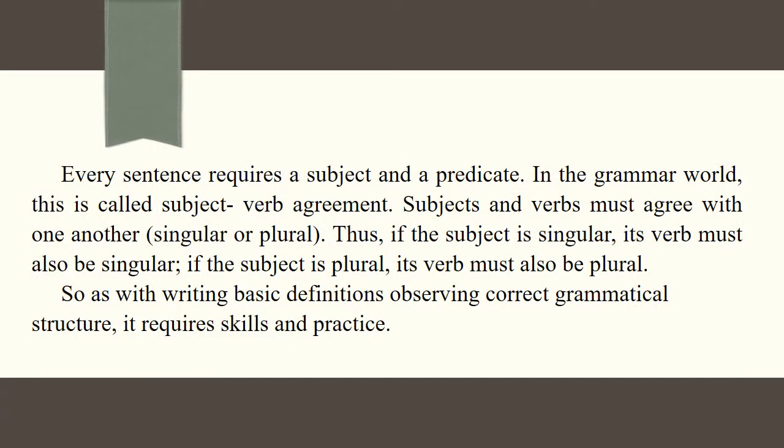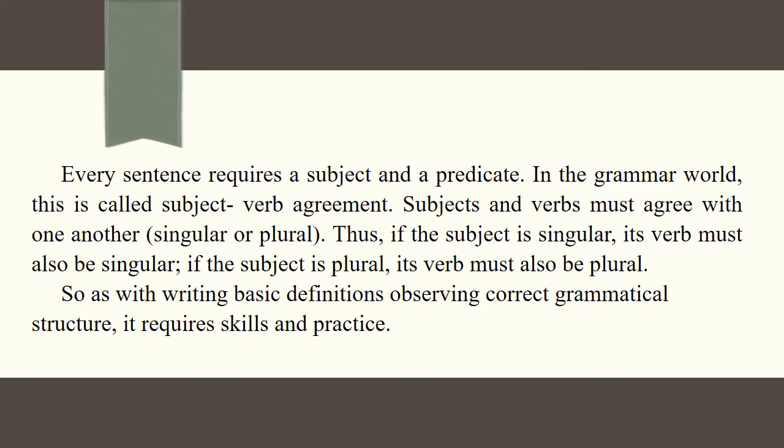So every sentence requires a subject and a predicate. In the grammar world, this is called subject-verb agreement. Subjects and verbs must agree with one another, singular or plural. Thus, if the subject is singular, its verb must also be singular.